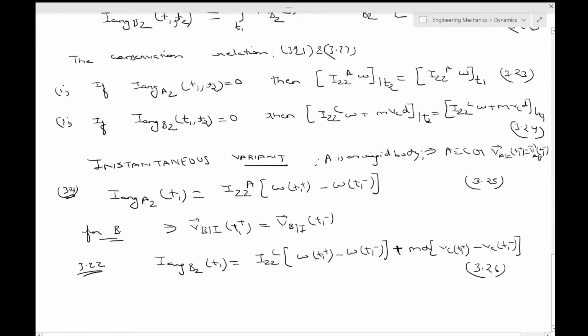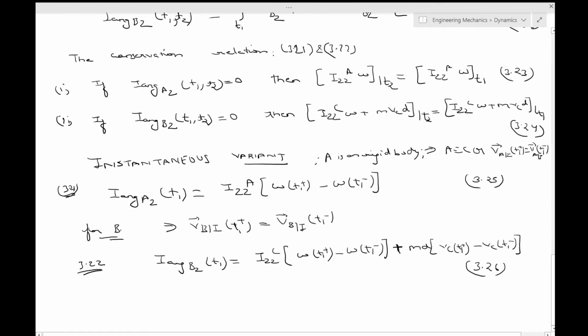So that's where we can end our discussion on the angular impulse moment relation. We have written both the T1 and T2 and the instantaneous form of it.